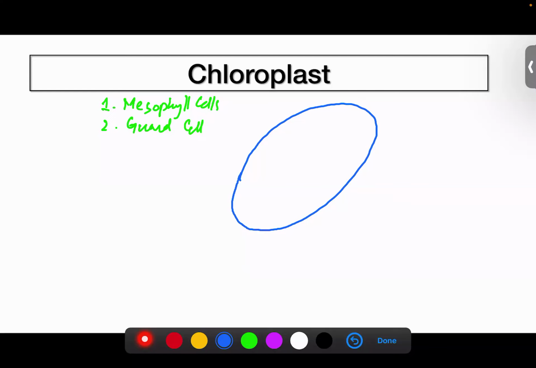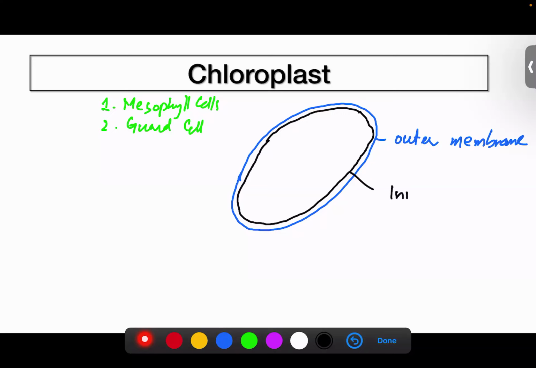This is an outer membrane. And this is an inner membrane.